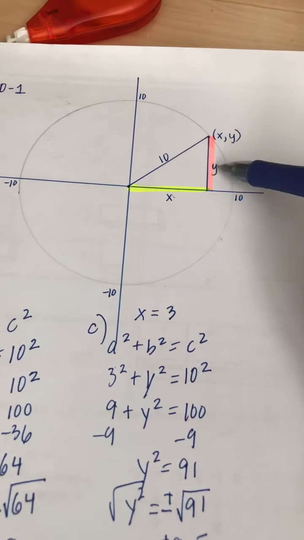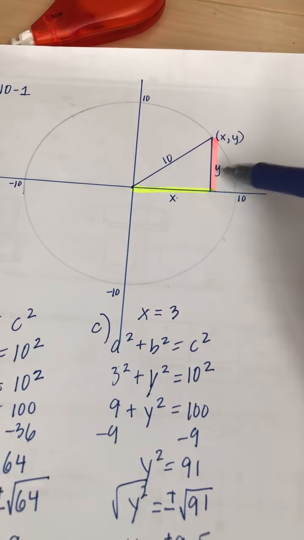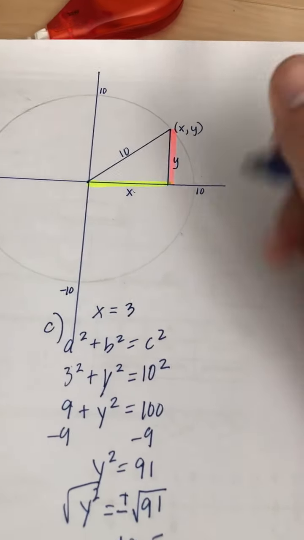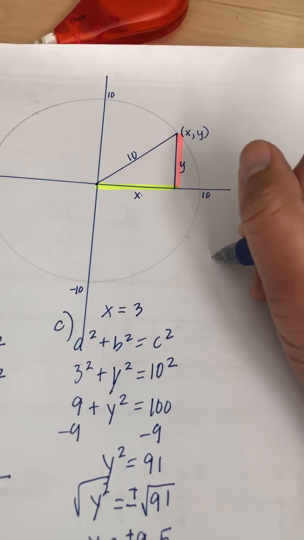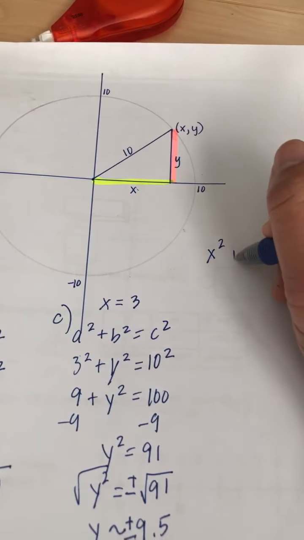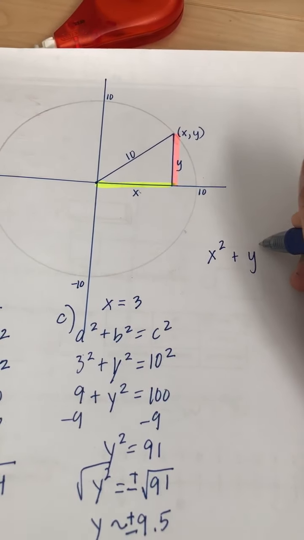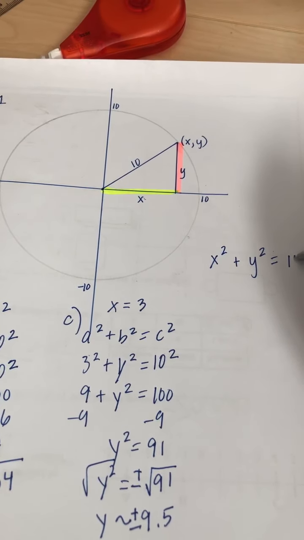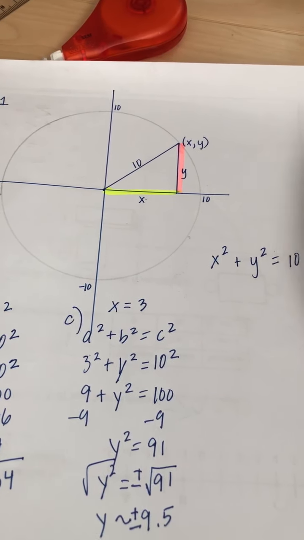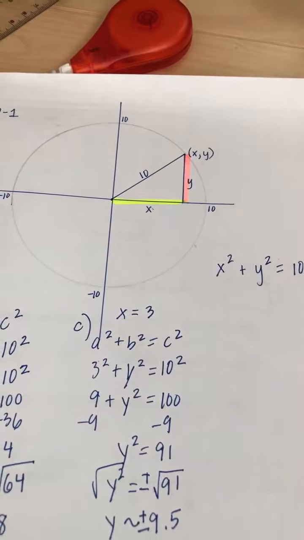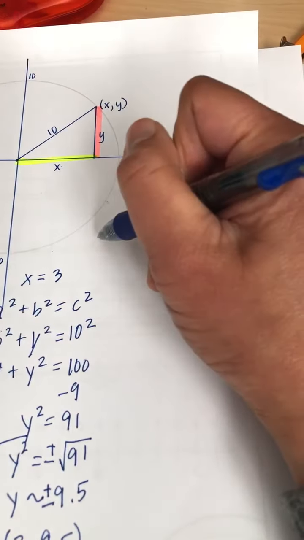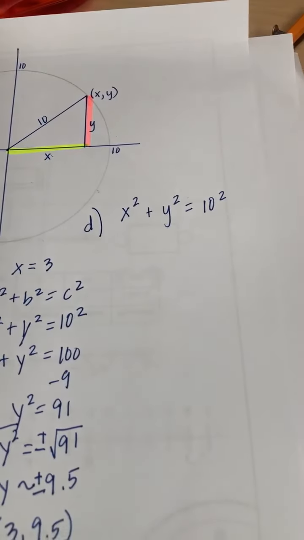Well, the relationship between these sides can be related through the Pythagorean theorem, because it says that a leg squared plus the other leg squared is equal to the hypotenuse squared, or in this case, the radius squared. And that's D.